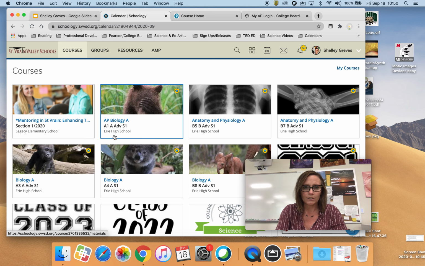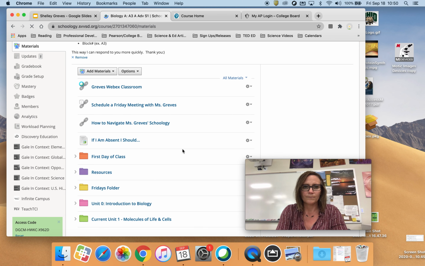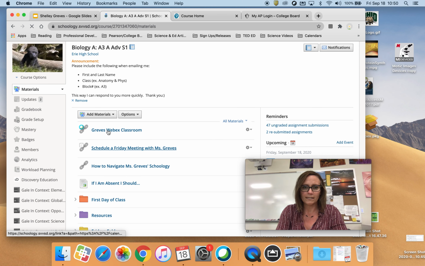The other thing I would like to show you is, here's, for instance, my Block 3 Schoology. My WebEx classroom is linked always right at the top here.